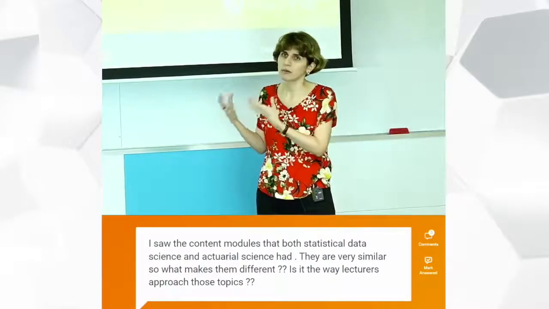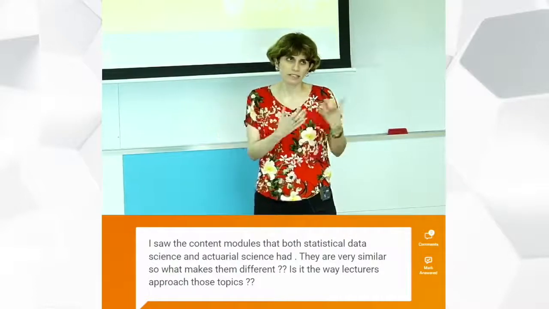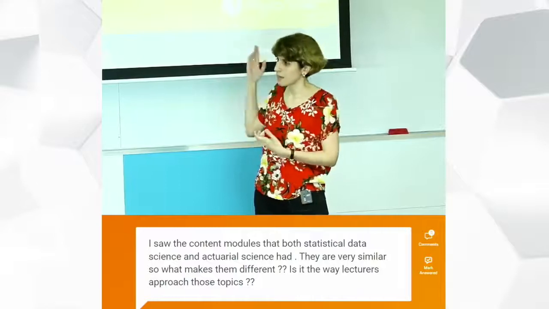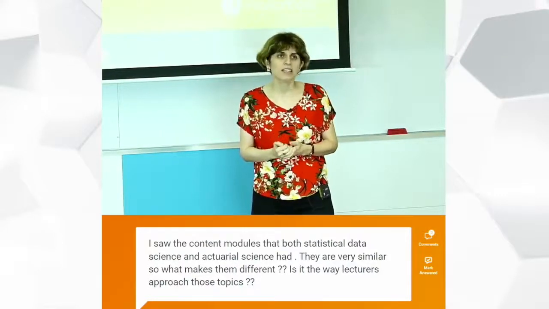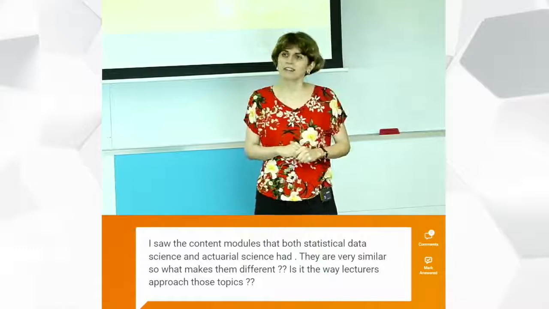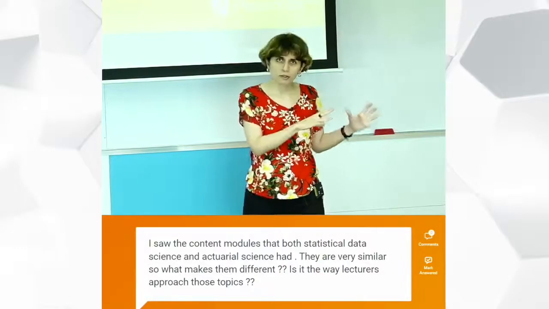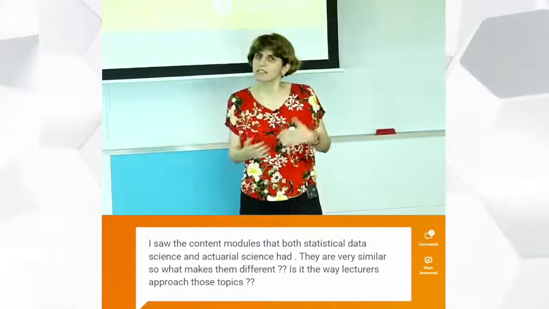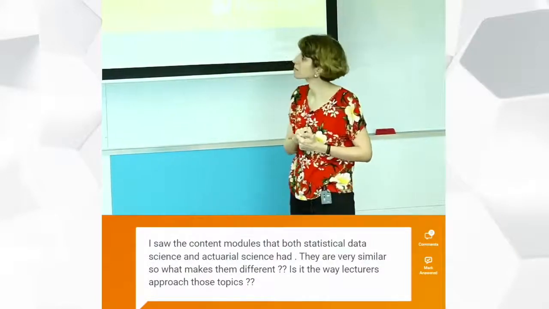That means we don't emphasize financial courses for data science students. But there are some other courses, as I mentioned, statistical dissertation, which is exclusive for our data science students. There are also some optional courses which are more suitable for data science students, not actuarial science students.